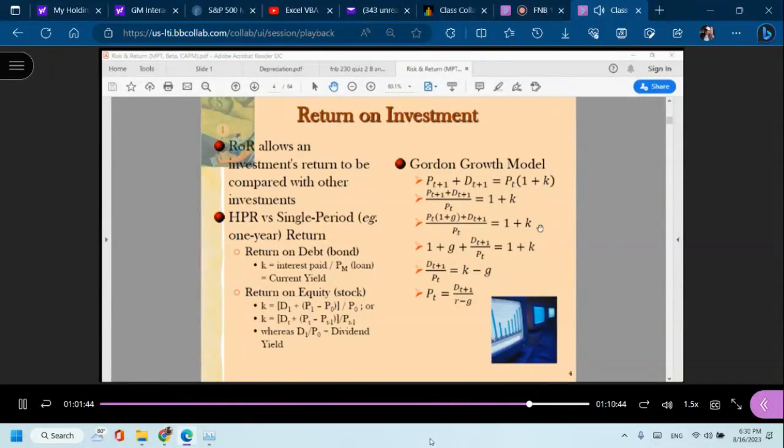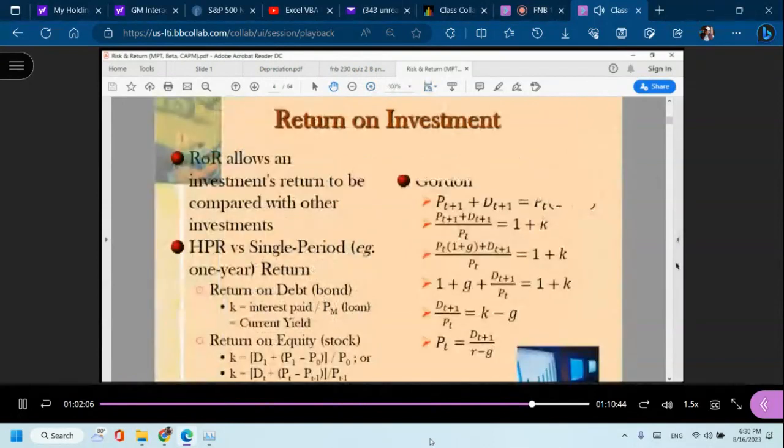Actually, Professor Gordon, when he developed this model back in the 1950s, may have proceeded in a different way, or later interpretations of this model may take a different route, but this is how I got to that result.